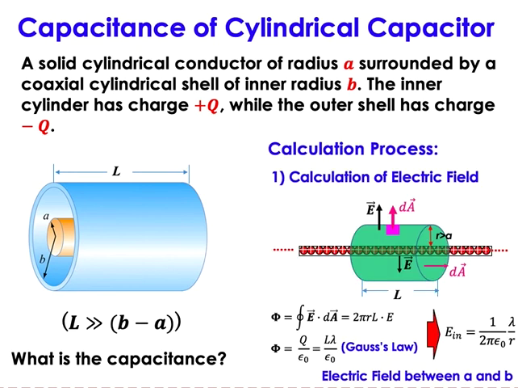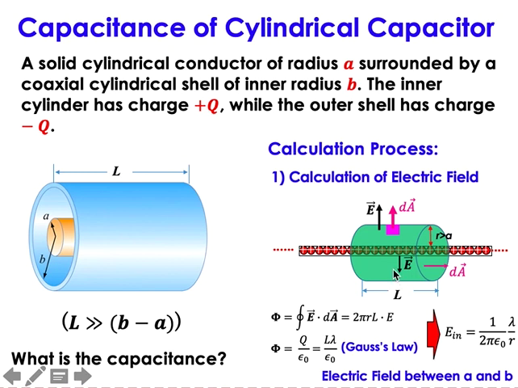Firstly, based on Gauss's law, we can calculate the electric field between the inner cylinder and outer shell. When L is much larger than B minus A, it means the fringing effect can be neglected. So, we can use this cylinder as a Gaussian surface.